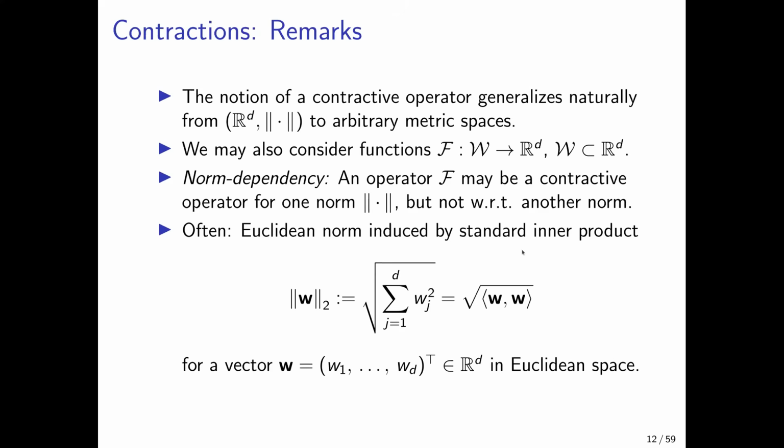And also, we don't have to consider the whole Rd. We can also consider functions that are just defined on some domain. It's also important to point out this norm dependency. So some operator f might be contractive with respect to some norm, but perhaps not with respect to some other norm.